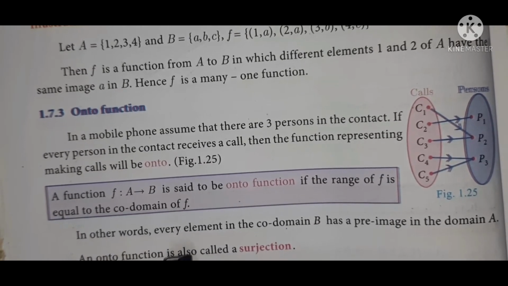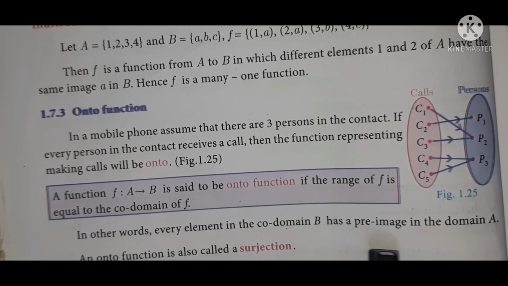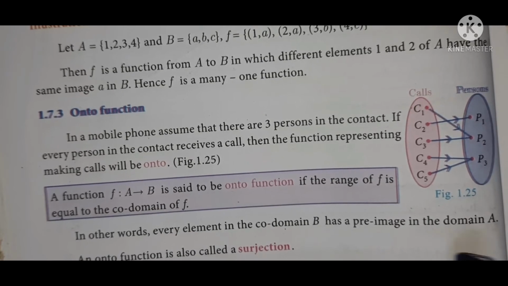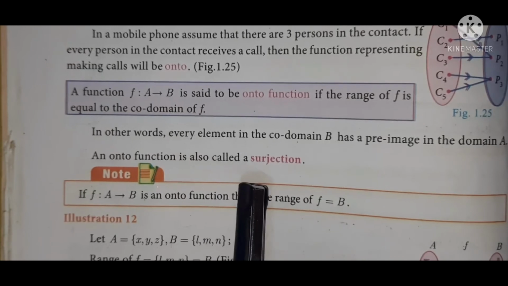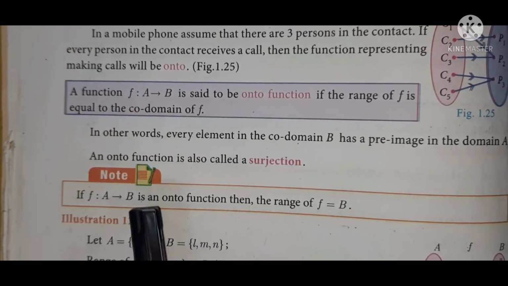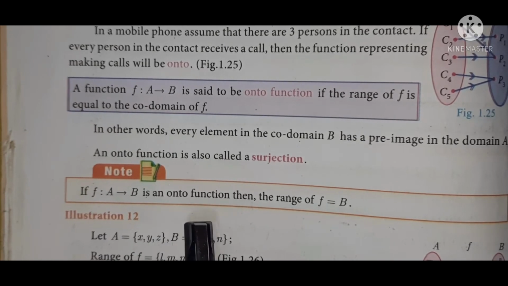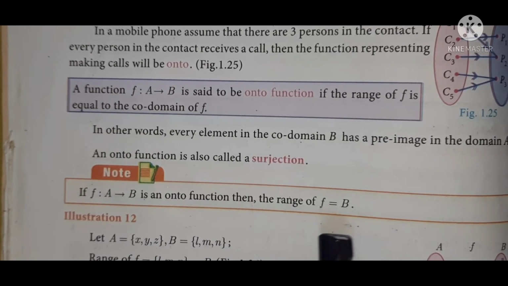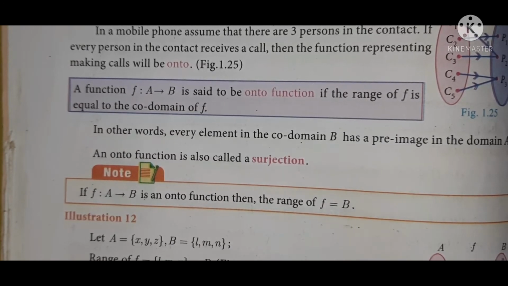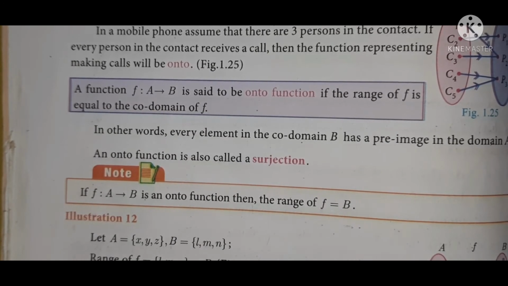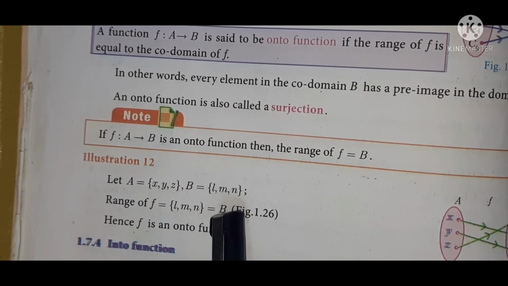In other words, every element in the codomain B has a pre-image in domain A. An onto function is also called a surjection. Note, if f from A to B is an onto function, then the range of f is B. The set A has elements x, y, z and B has elements l, m, n.